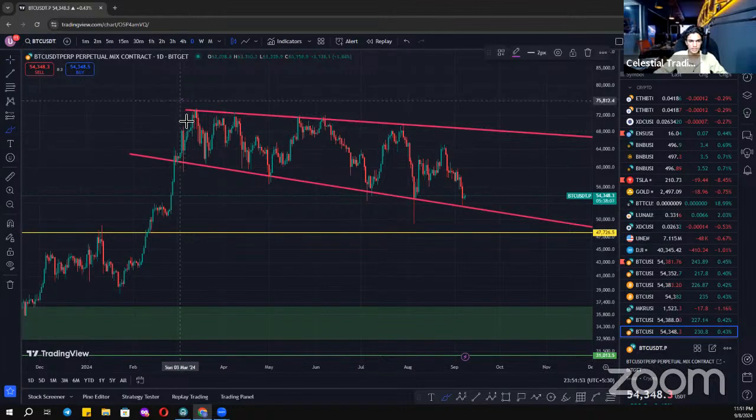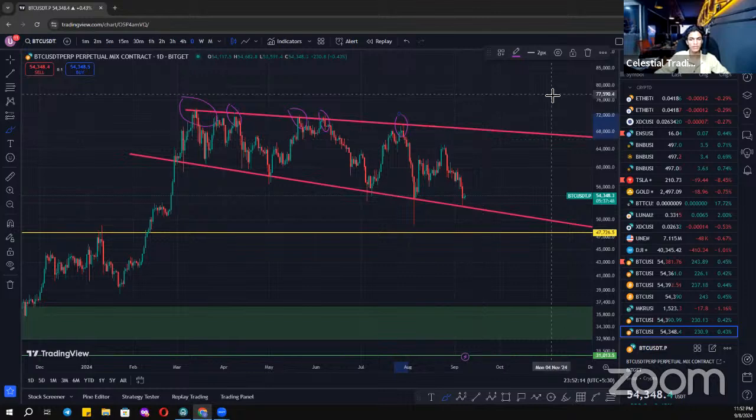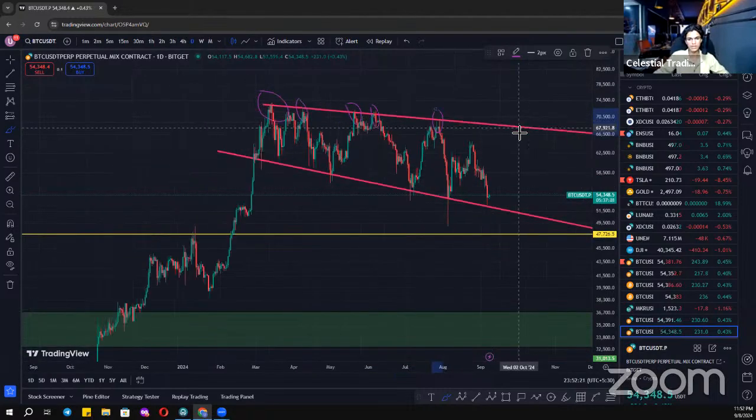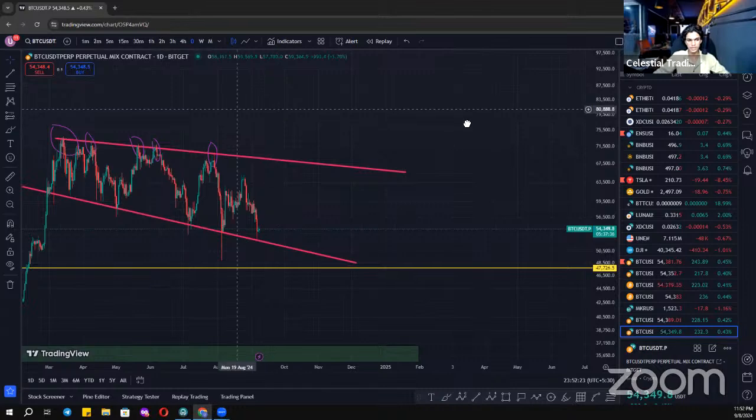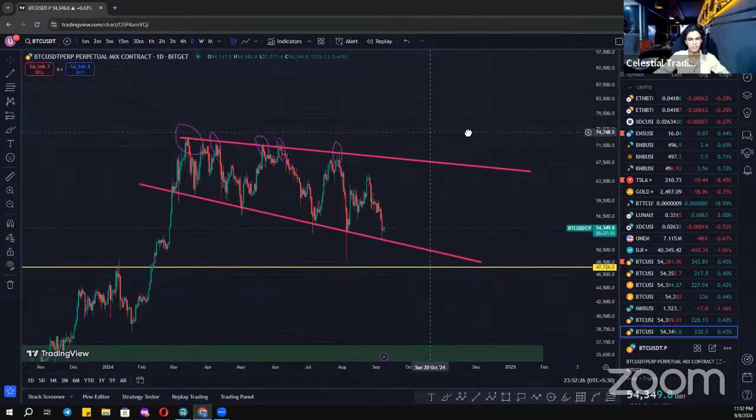You can see guys, the price has mitigated this resistance one, and the second time, third, fourth, fifth. It has consecutively 5 touches. So when we see another sixth one, we can look for a breakout. If we see the market tend to break this trend line, we can look for a good percentage. The pump would be good.